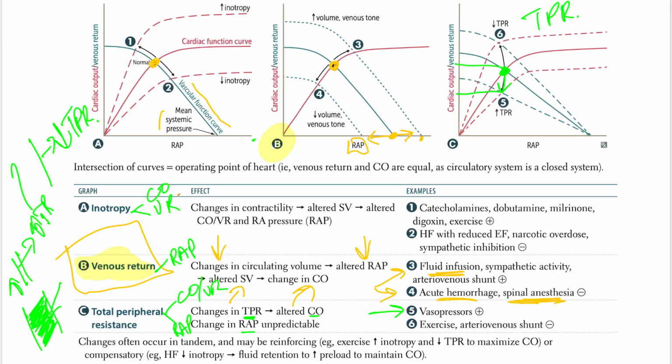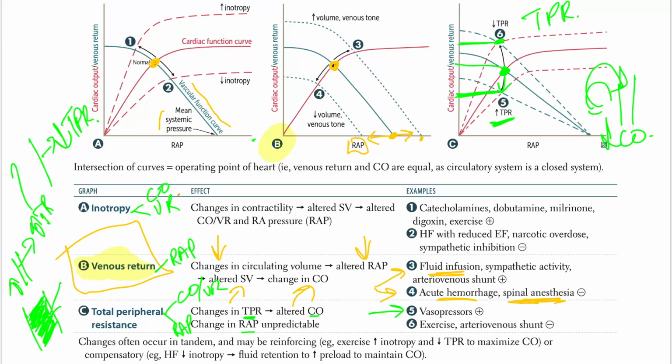At this point you had a higher cardiac output, but as soon as you increase TPR, it's going to be hard for the heart to push out into the closed or vasoconstricted vessels, so the cardiac output from the heart is going to decrease. So cardiac output decreases when you increase TPR. Vice versa, when you decrease TPR, the cardiac output increases.